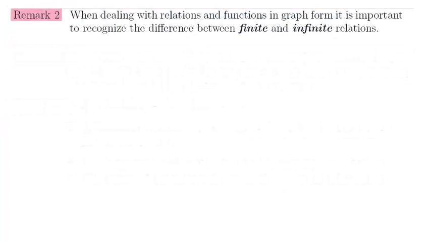Now, in the last topic, we looked at relations and functions expressed as sets and maps. In this topic, we are looking at functions and relations in both graph form and equation form. When dealing with relations and functions in graph form, it is important to recognize the difference between finite and infinite relations.